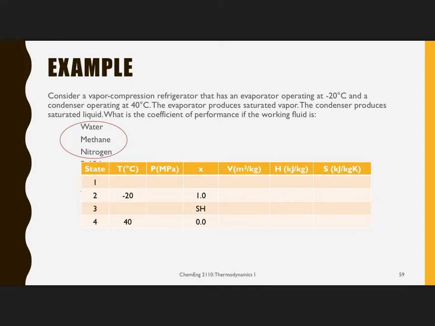And I'm going to ask you to go through and do these calculations on your own as far as you're able to. If you do this problem for water, methane, and nitrogen, I want you to pause the video and look up as much of this information as you can. And then when you get stuck, come back and join the video again.